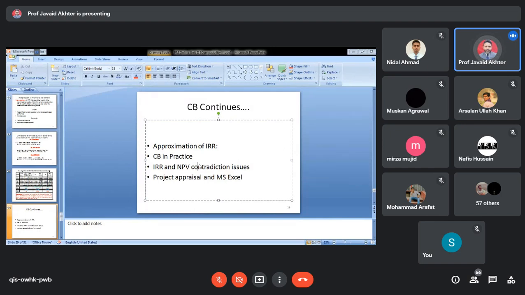Refer to page number 8. Move to the row number 5. 5 is the life of the project.